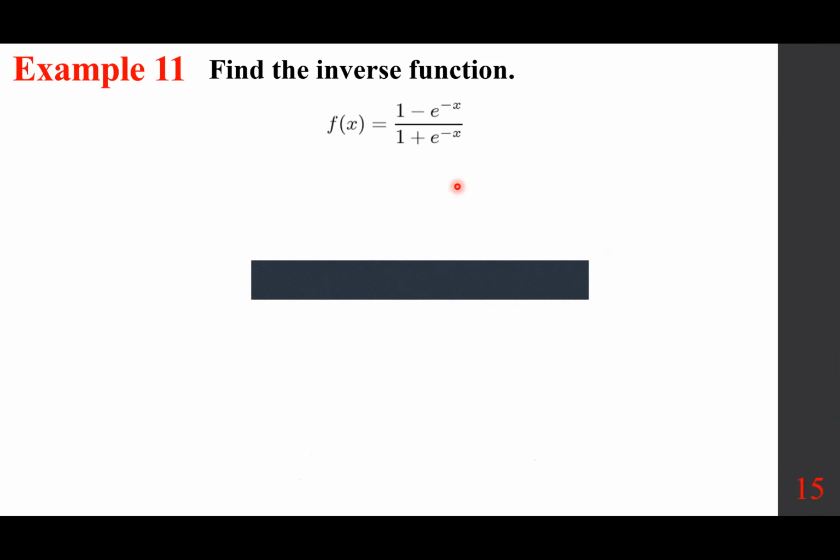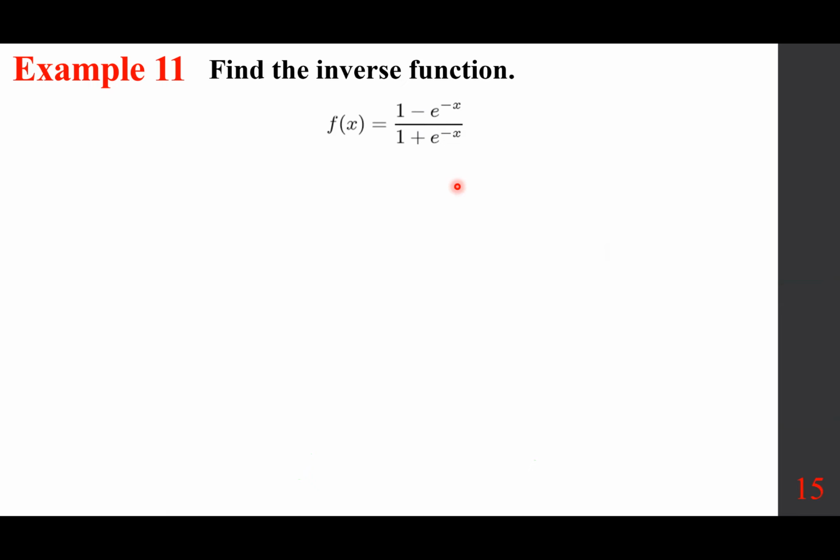So we're going to find the inverse function in this case. And the process is we change f of x to y. That makes it easy. We do the cross product.